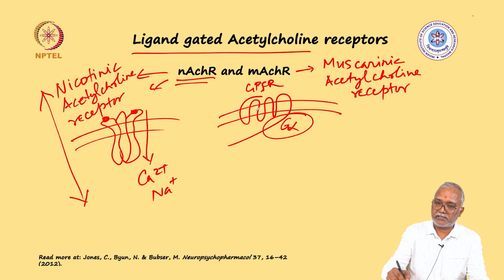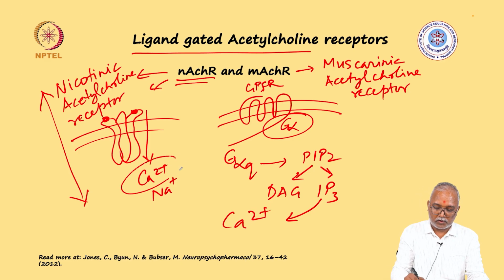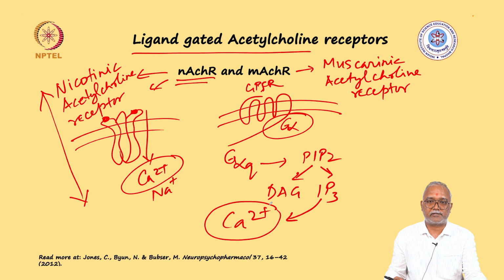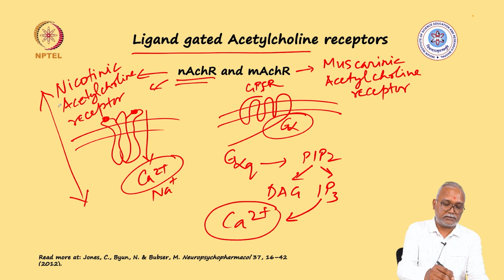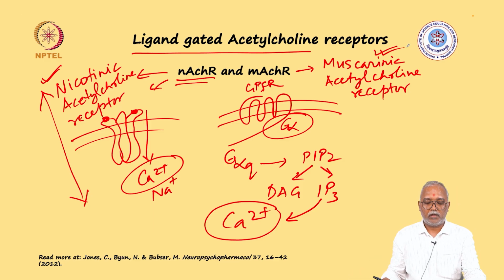So a second molecule. So the receptor itself is not serving as a channel or signal transducer, rather it is dependent on that. And if you recollect one of the G alphas, which was G alpha Q, by breaking down PIP2 to DAG and IP3, and this IP3 was working on internal stores to release the calcium. So the response of increase in the calcium concentration inside the cell, whether it is the nicotinic receptor or the muscarinic receptor, both are achieving that goal. However, the routes are going to be very different.